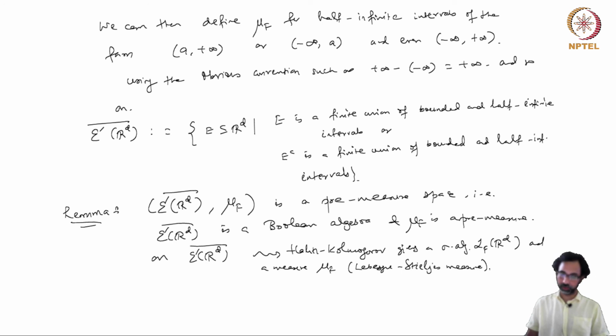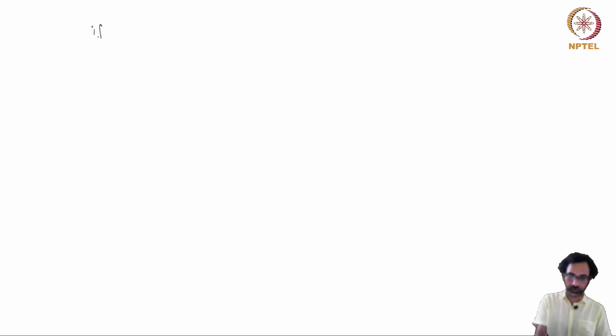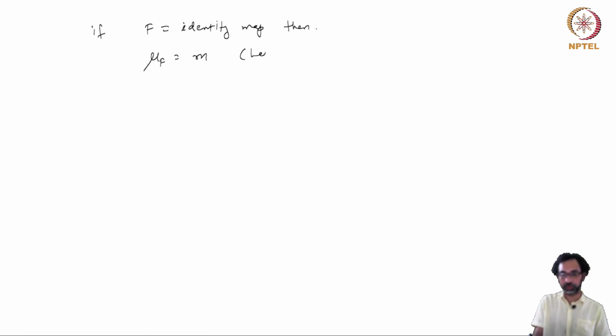on Rd. So in particular, a particular example of a Lebesgue-Stieltjes measure is if f is equal to the identity map, then this mu f is nothing but the Lebesgue measure.